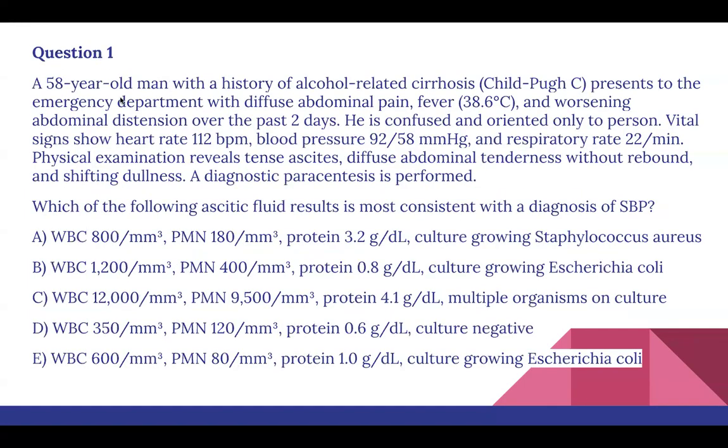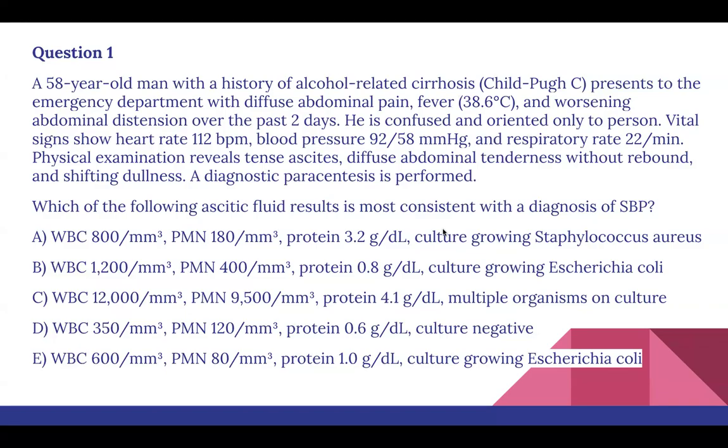All right. So we're going to move on to questions. Question one: a 58-year-old man with a history of alcohol-related cirrhosis, Child-Pugh C. He presents to the emergency department with diffuse abdominal pain, fever, and worsening abdominal distension over the past 2 days. He's confused and oriented only to person.